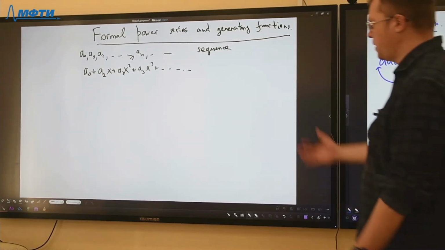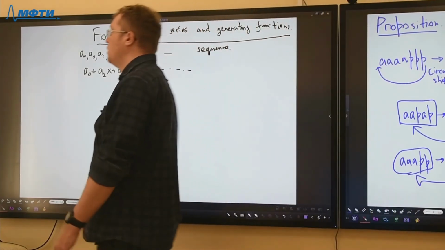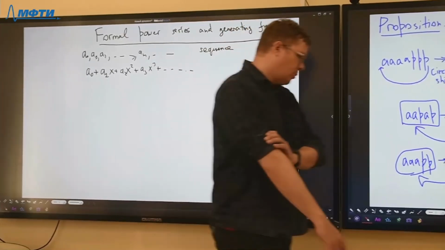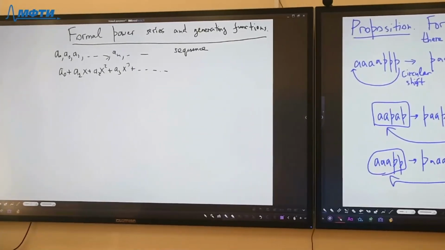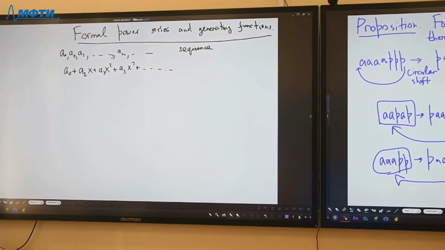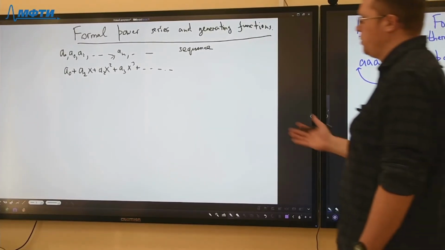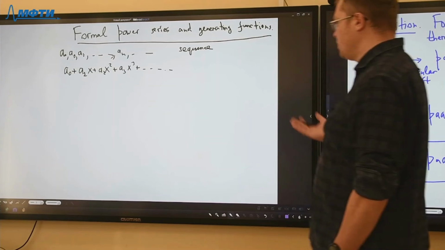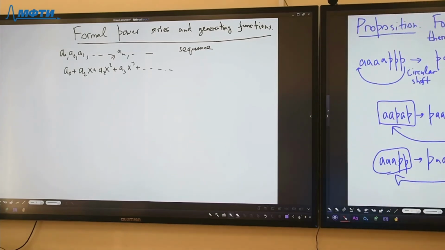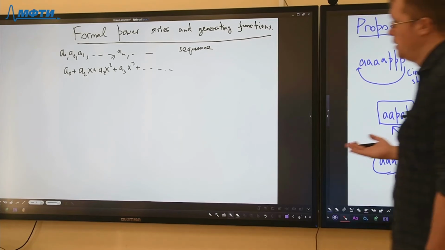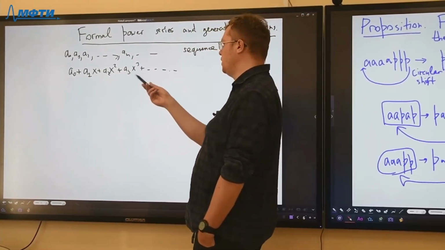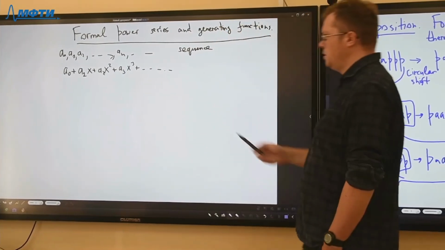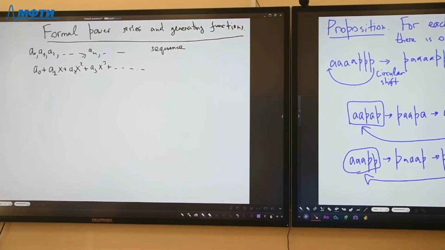So maybe you discussed this kind of series in calculus. You can integrate it, you can take the derivative, you can multiply it by other sequences. One of the questions is, for which x does this have sense?